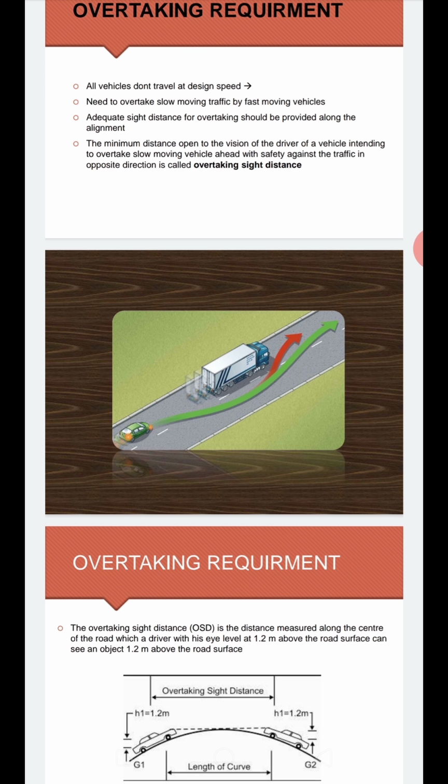It is difficult to see the opposite coming vehicle even though the vehicle is very near, because of obstruction by the convexity of the curve. That's why IRC has specified the height of a driver's eye as 1.2 meters.